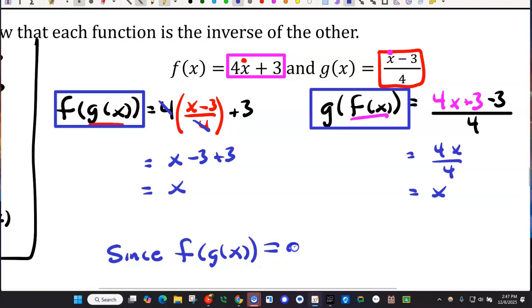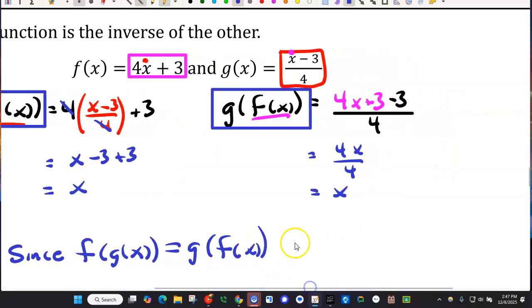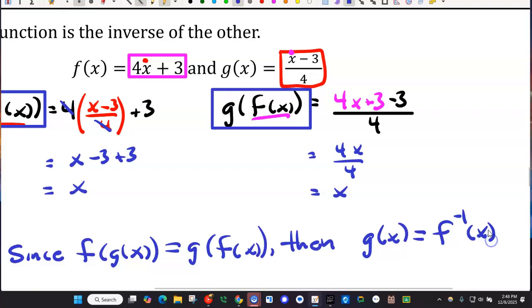Since these are equal to each other, which they equal x, then this second function is an inverse of the first function. So the second function is called g of x, and we're saying that's the inverse of the first function. So it's equal to the inverse of f.